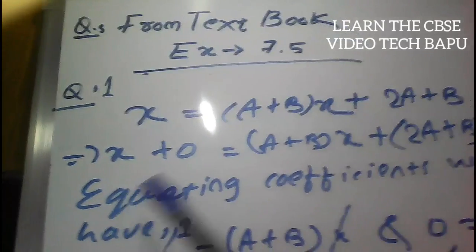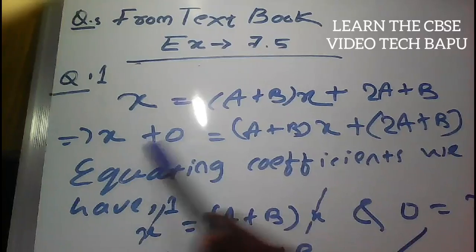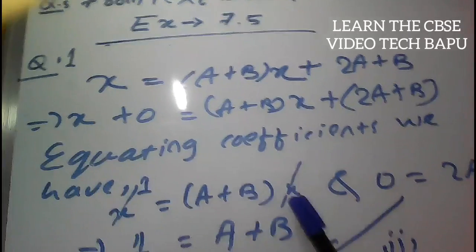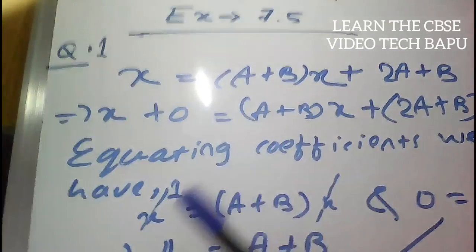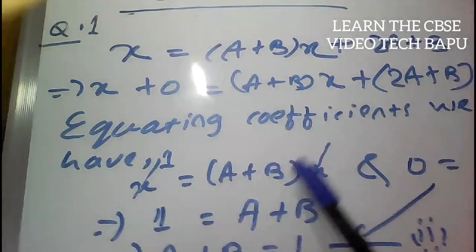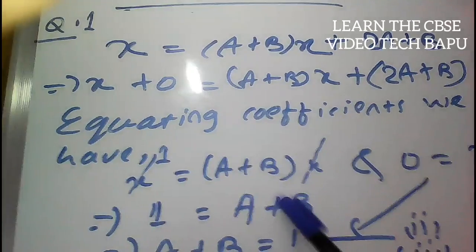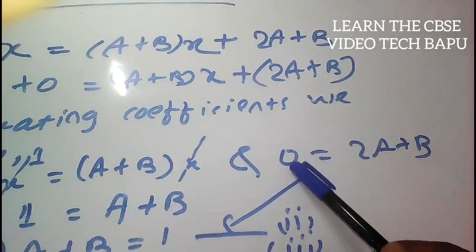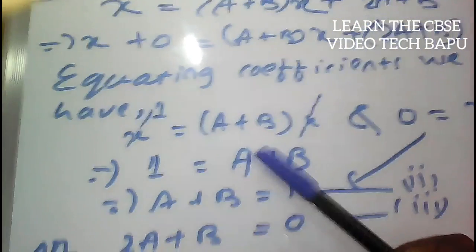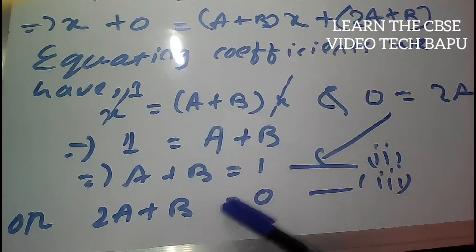So equating coefficients, a plus b is equal to 0, as equation 2, and 2a plus b is equal to 1, as equation 3.